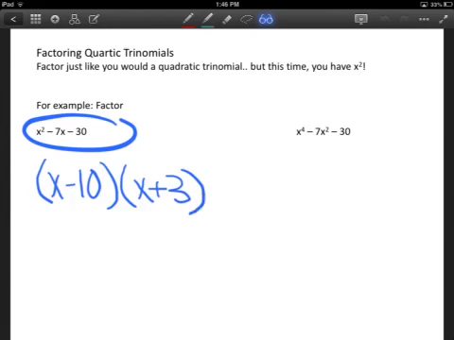Factors of 30 that give you negative 7. So guess what? If you have x to the 4th minus 7x squared minus 30, you do the same thing. Factors of 30 that are going to give you 7, except this time you have x squared.